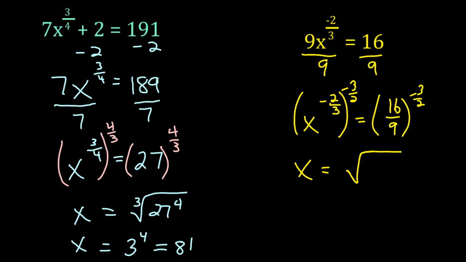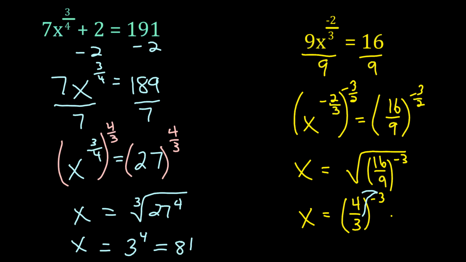Well, it's going to be the square root of 16 over 9 to the negative 3 power. And the square root of 16 over 9, we can do the square root of each of those pieces. And so that's going to be 4 over 3 to the negative 3 power. Now, another exponent rule we learned is that this negative 3 power affects both of the parts of the fraction.